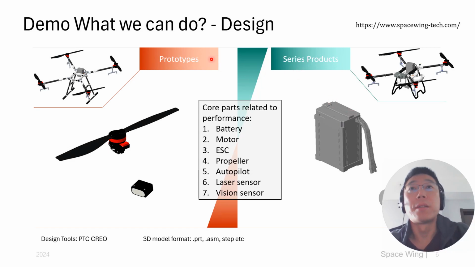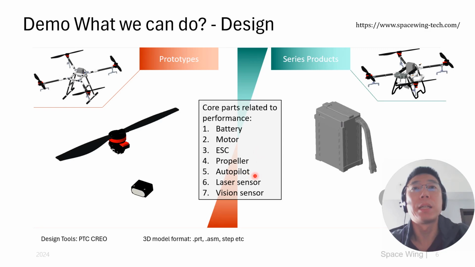For both prototypes and series production, we need to clearly identify the performance-related components, such as the battery, which is linked to the mileage; the motor and ESC, which are the power pack; and the propeller, which decides our payload and our stability when flying.